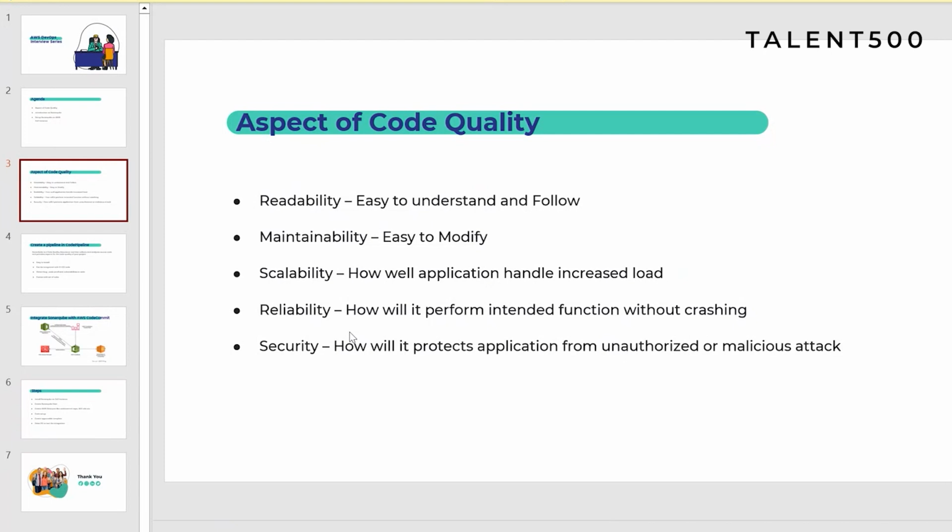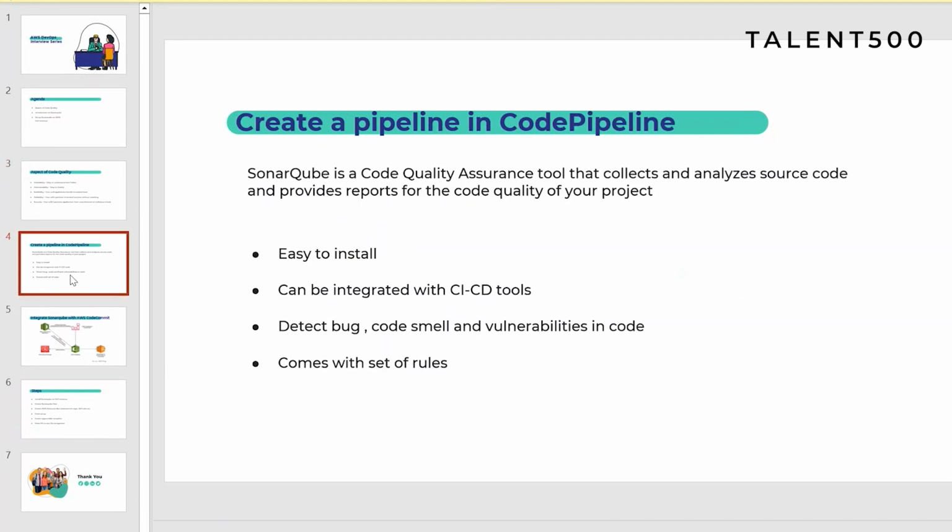One way is having some static code analysis tools like SonarQube, which helps you to measure the code coverage, plus things like code smells. It checks your code for security vulnerabilities, etc. Right? And then we talked about SonarQube, which is easy to install. It can be integrated with CI/CD tools.